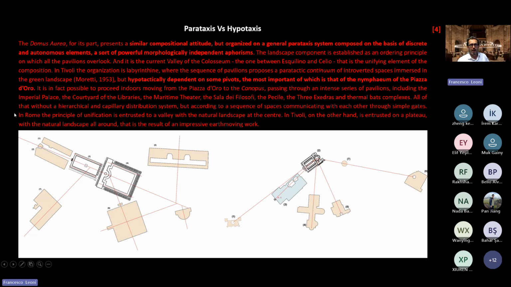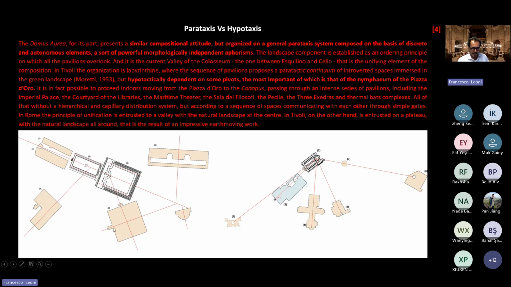All of that without a hierarchical and capillary distribution system, but according to a sequence of spaces communicating with each other through simple gates. So, different elements connected to each other with simple gates without a hierarchical distribution system.